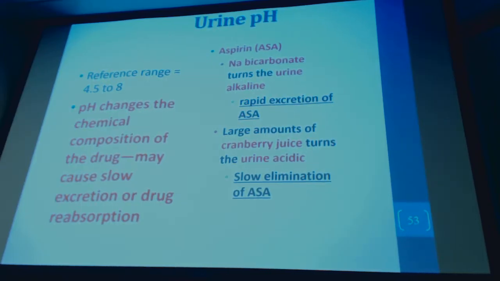So if you work in the emergency room, somebody comes in with an aspirin overdose, that's why they're giving them soda bicarb. Changes the pH of the urine, lets us get rid of that aspirin. On the other hand, if the patient normally drinks a lot of cranberry juice that makes the urine acidic, they're going to eliminate that aspirin more slowly.